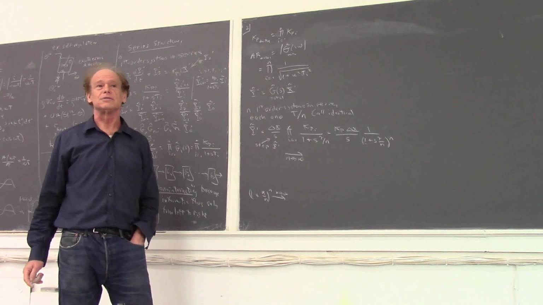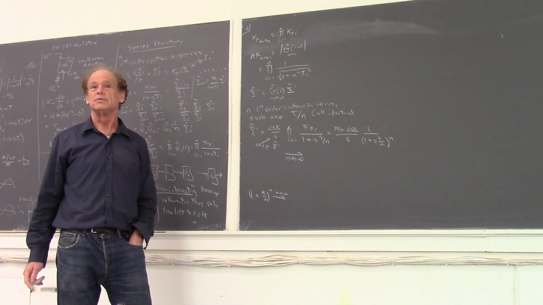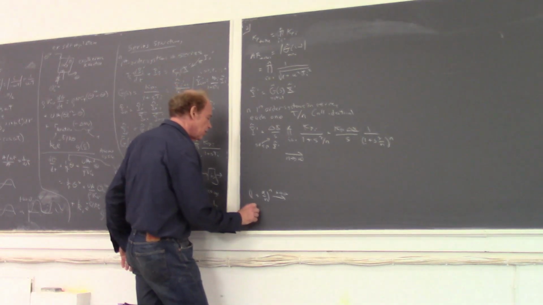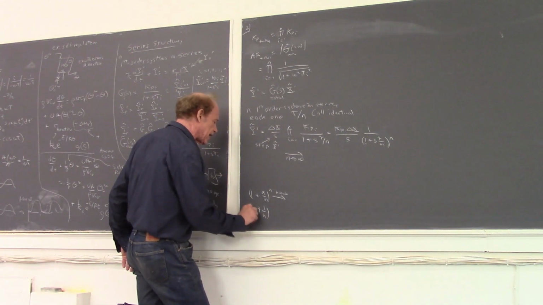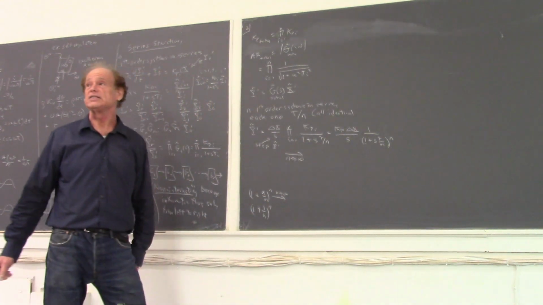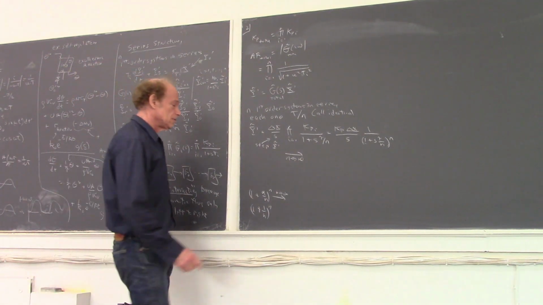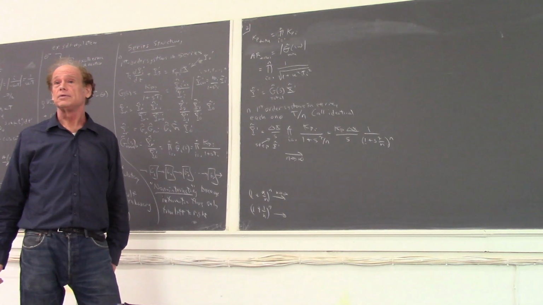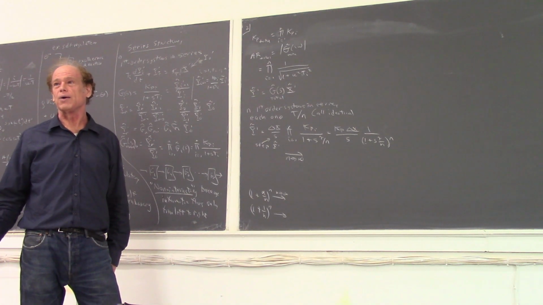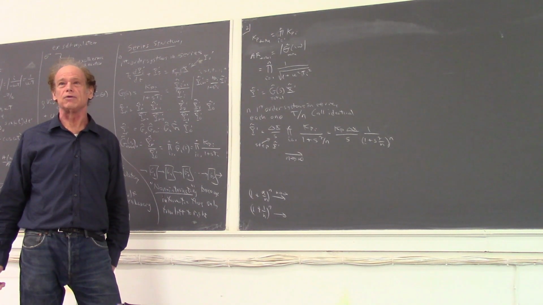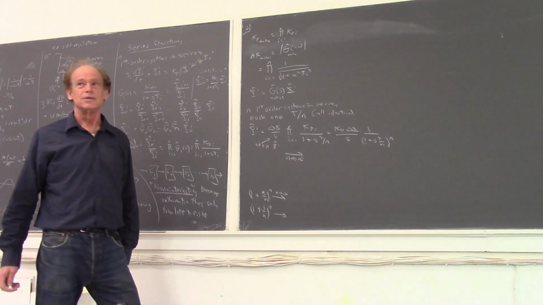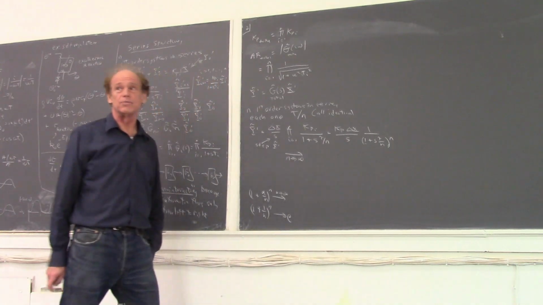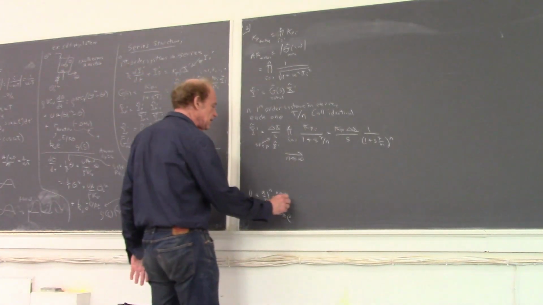Come on, this is literally high school material. What is the limit of 1 plus 1 over n to the n as n goes to infinity? No one remembers. I went to high school long before you did, and I remember this. This is the definition of e, the basis of the natural logarithm. And this is e to the a.